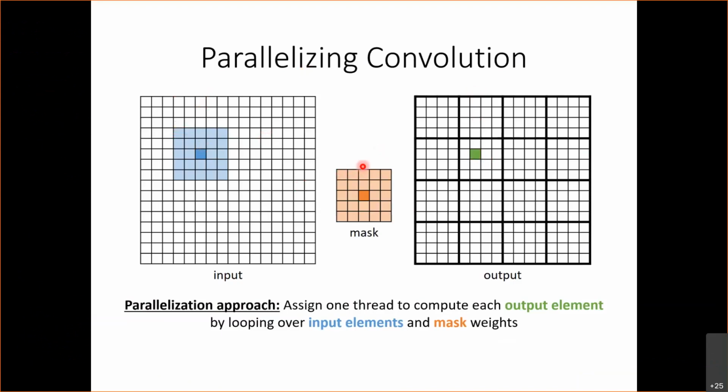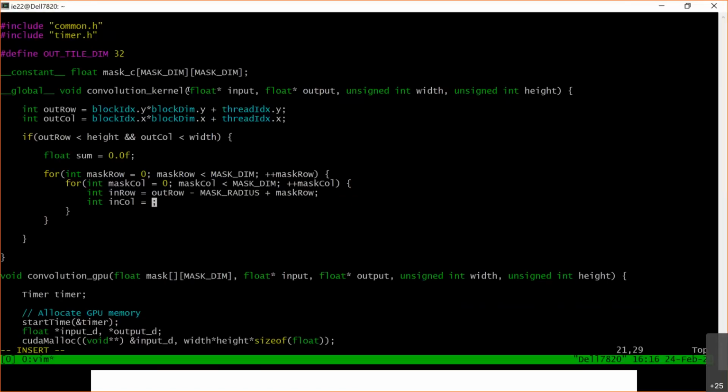If my output column was 1, and my mask column was 1, then my input column is going to be my output column minus the mask radius plus the mask column, which is 1. So my input column is going to be my output column minus the mask radius plus my mask column.